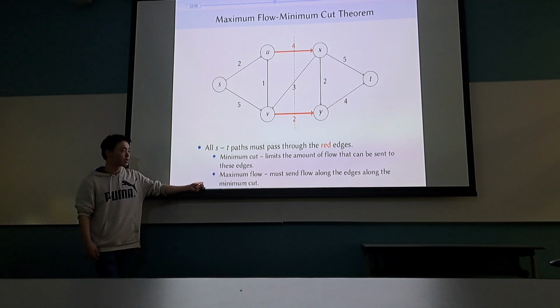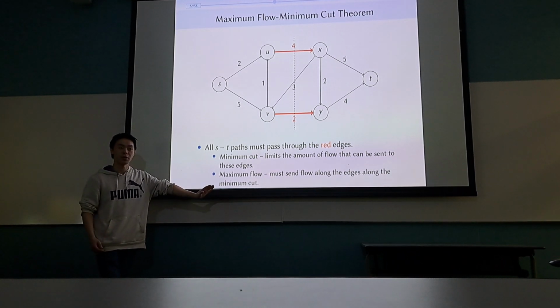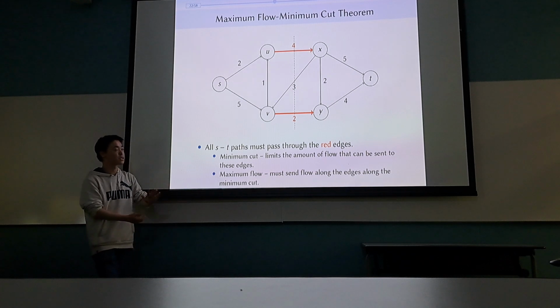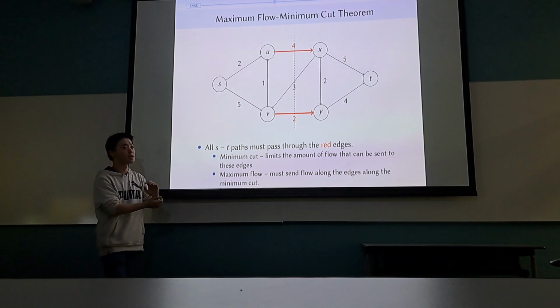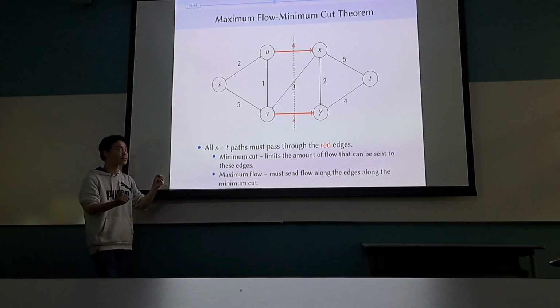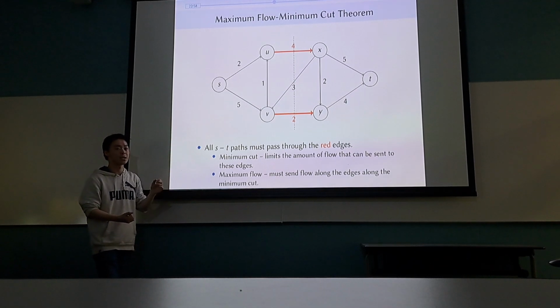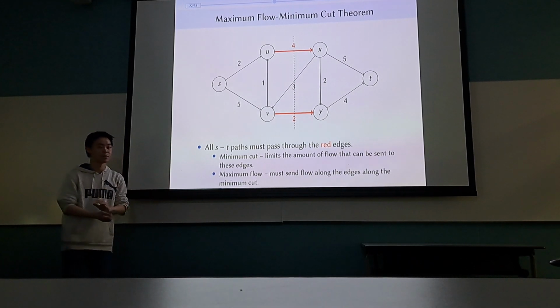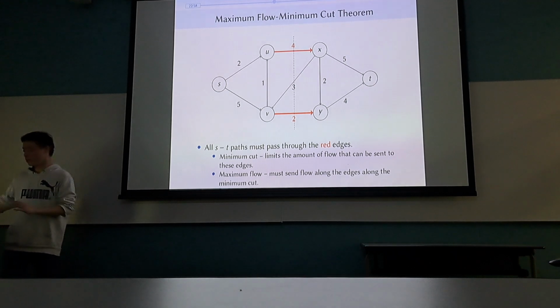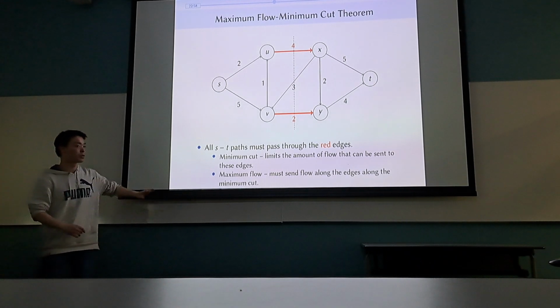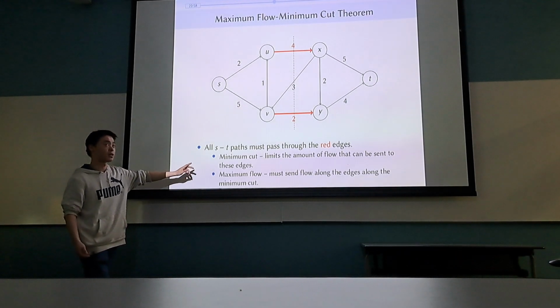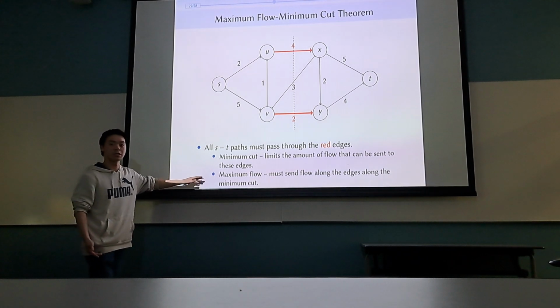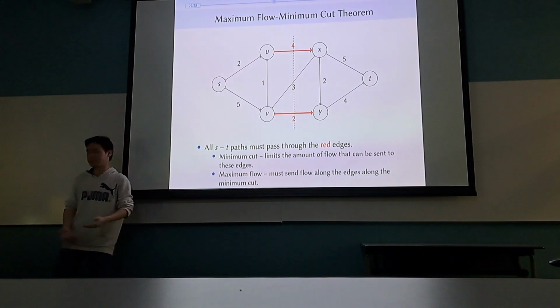You have to send flow along these edges, because these edges completely separate your source from the sink. So you have to pass through those particular edges when you're performing your maximum flow. Therefore, if you put these together, the capacity of the minimum cut corresponds to the maximum flow.